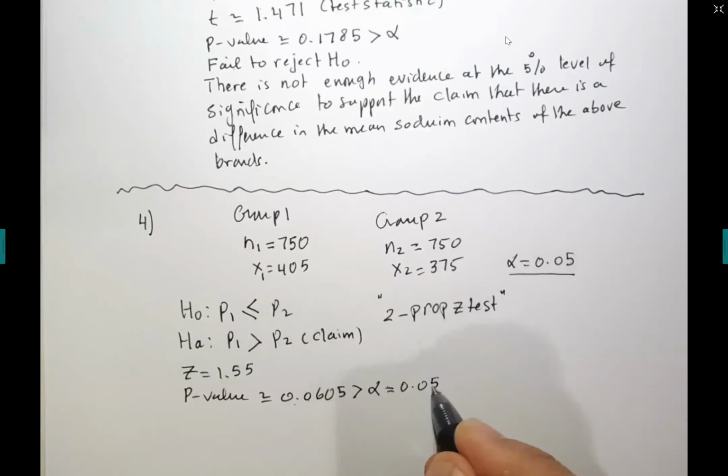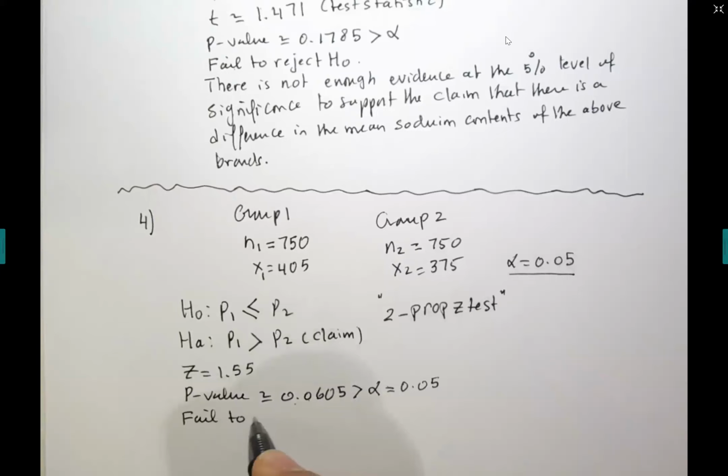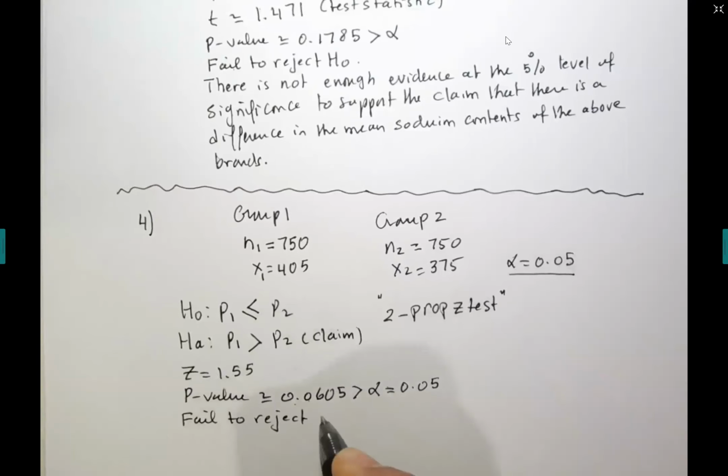So you fail to reject H0, and then you write, since the claim is in HA, same thing as the previous exercise.